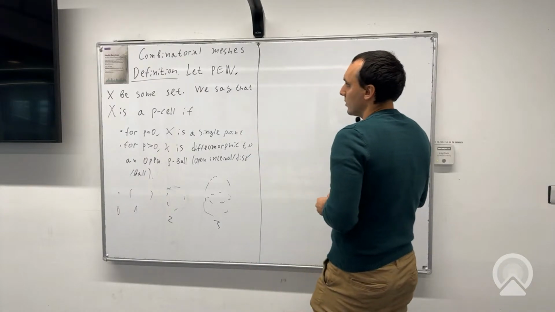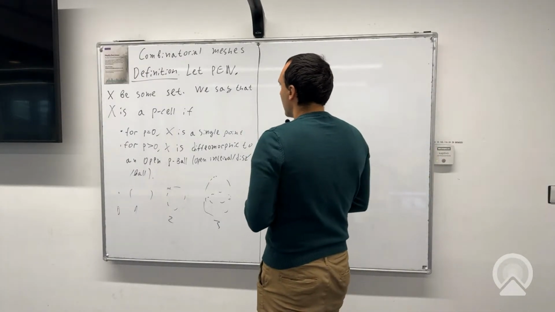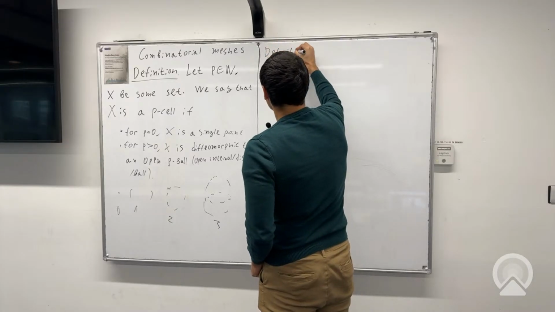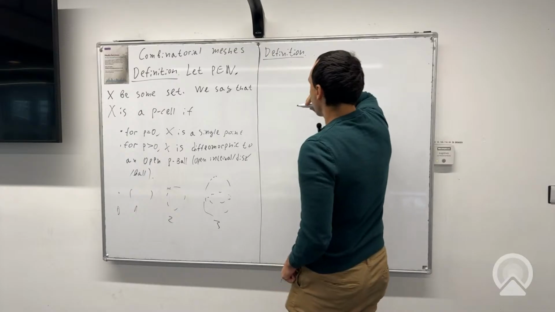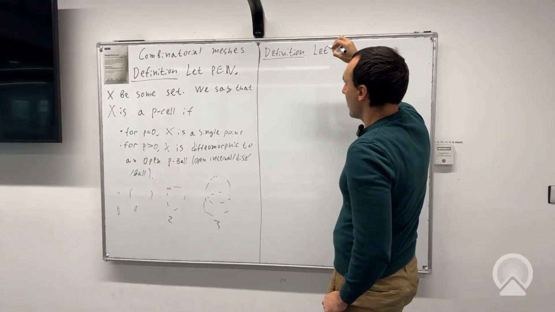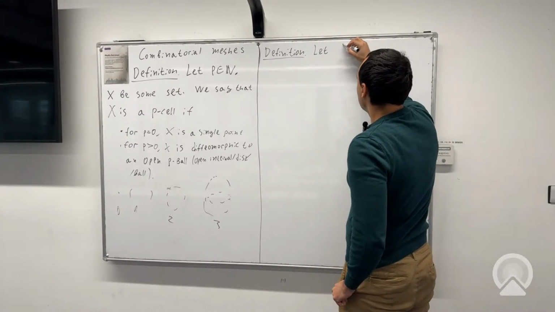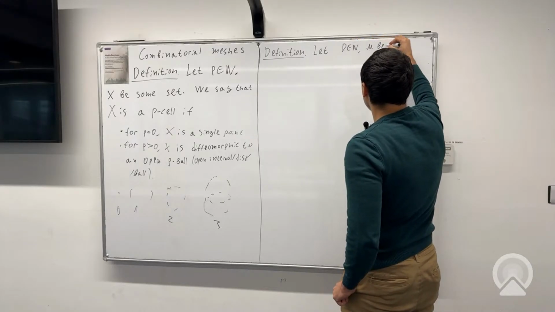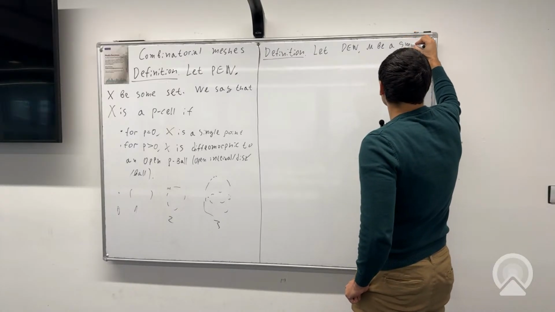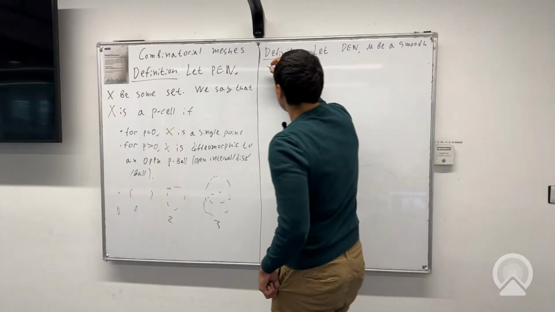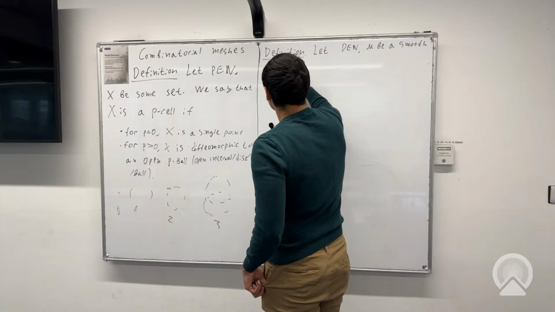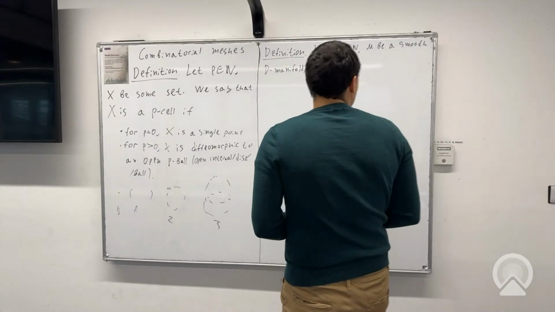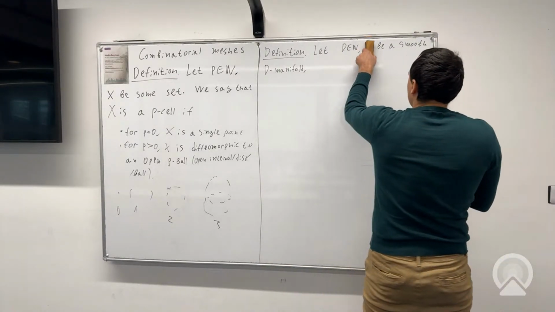And now let me combine these cells. Let d be an integer and X be a smooth d-manifold.